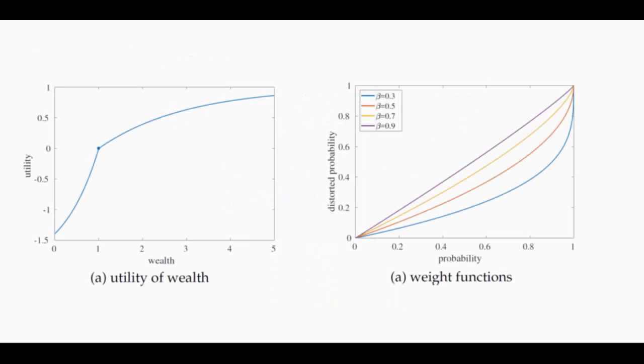So here's a plot of the utility function, where it is convex below some level and concave above that level, and this distortion function, or weight function W, is heavily distorted if beta is small, and becomes pretty much linear when beta approaches 1, and this is a positive part, and the negative part will be the reflection of these positive plots.